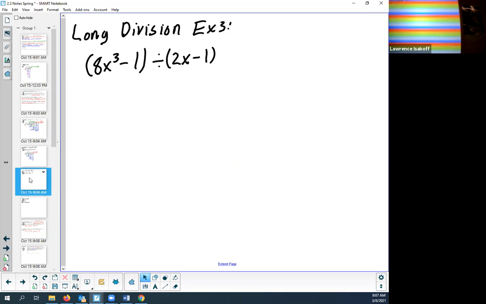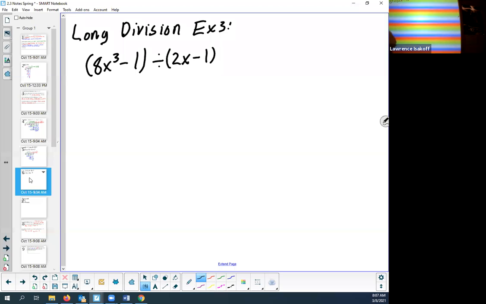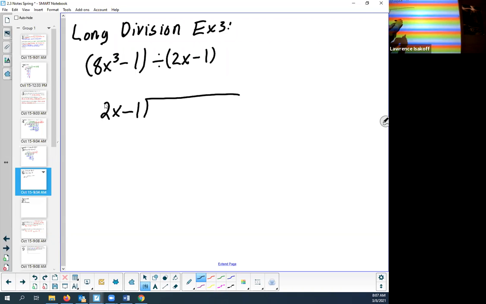So here with this, am I missing any terms between x cubed and minus 1? An x squared and an x, so make sure to put in those 0 placeholders. Again, if you're really careful, you can do it without the 0 placeholders. However, I don't care how confident or good you are.